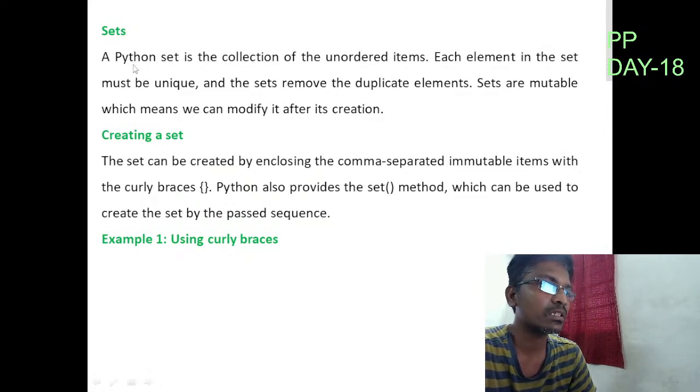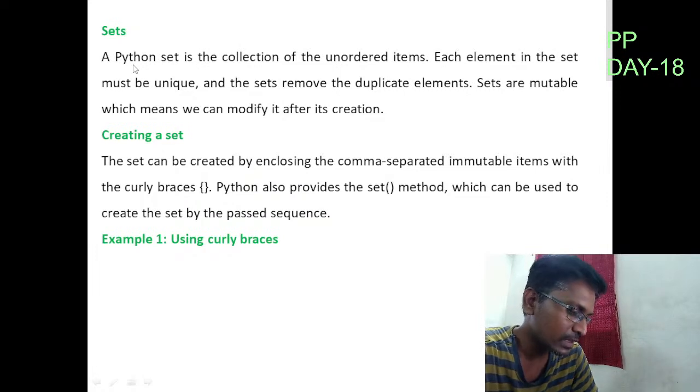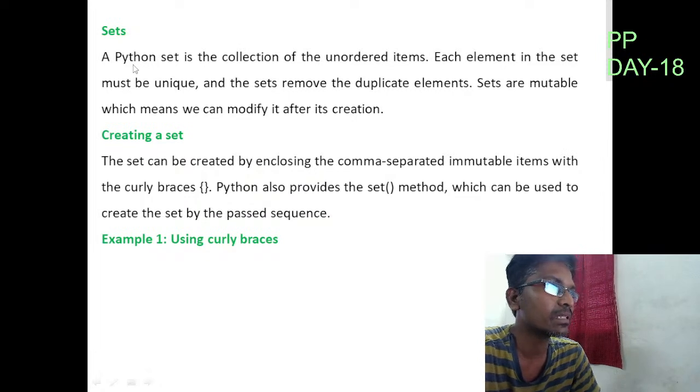So what are the mutable data types or data objects? List, set, and dictionary. These three come under mutable data types. And what are the immutable data types? Numbers, strings, and tuples. These come under immutable data types.